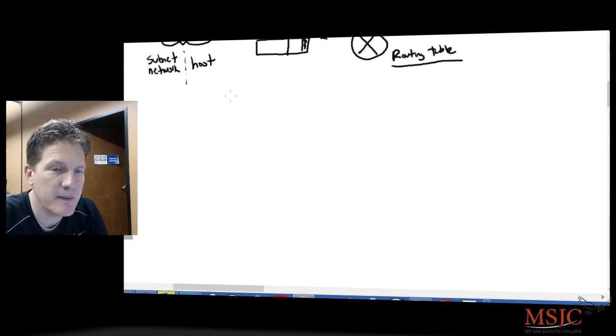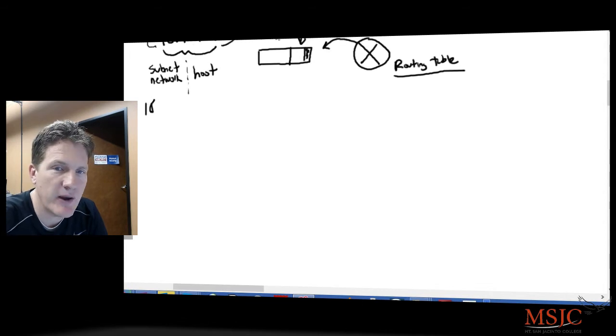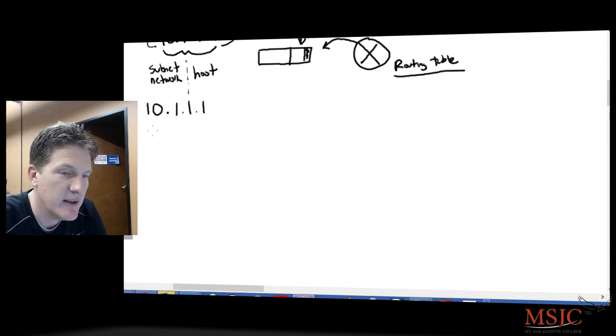First off, we have to know that IP addresses can be converted to binary. So if I took this 10.1.1.1 address and converted it to binary, we would have an address that looked like this: 0, 0, 0, 0, 1, 0, 1, 0. That would be the binary equivalent of the dotted decimal number 10.